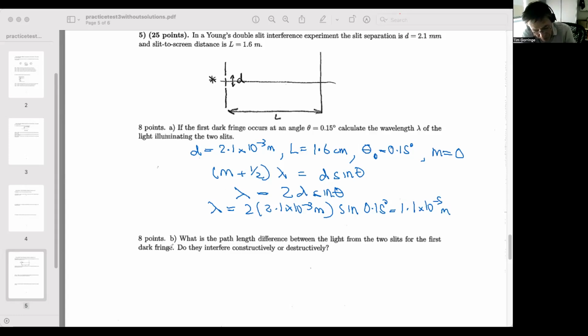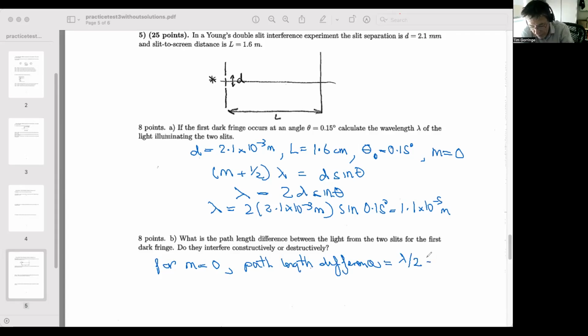Well, for the m equals 0 dark fringe, the extra path length for the ray that travels the longer distance, compared to the ray that travels the shorter distance from those two slits, is simply one half the wavelength.